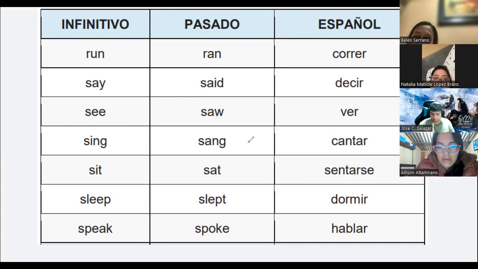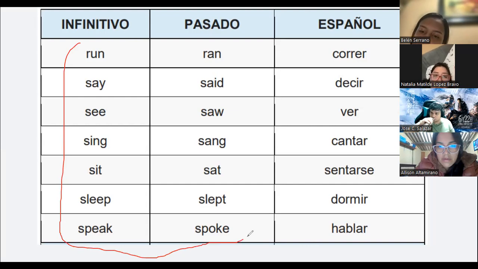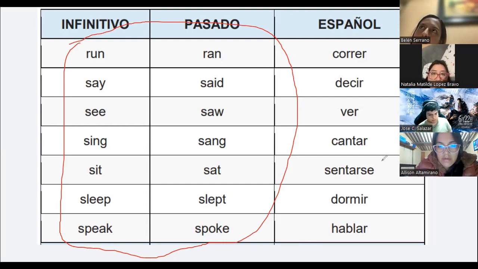Now, Jose, can you please read these verbs in infinitive and also in past? Run, ran, say, said, see, saw, sing, sang, sit, sat, sleep, slept, speak, spoke.